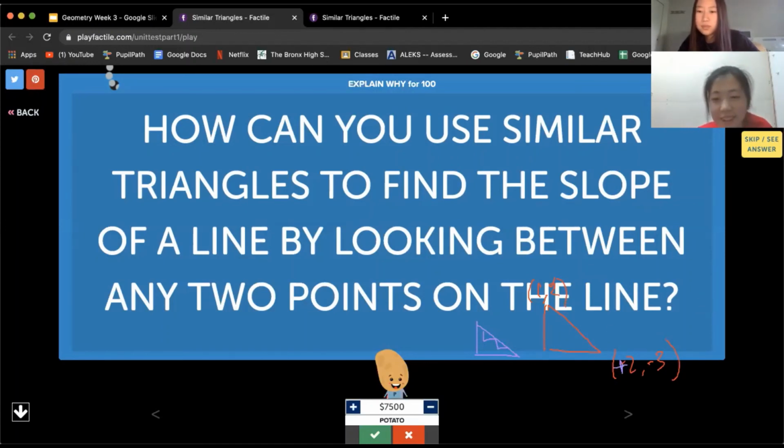So you just find the slope of this, and this should be equal to the slope of this, because they're similar triangles.